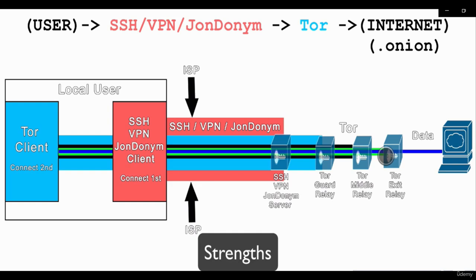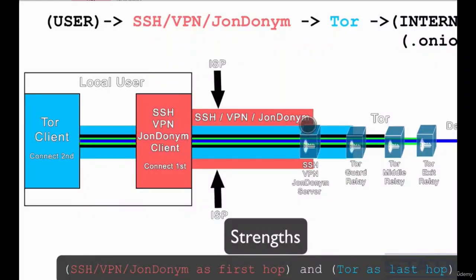SSH, VPN, JonDonym server creates an extra layer for the incoming attack. Then the layer goes next, like Tor guard relay and Tor middle relay, and finally the layer is stopped by Tor exit relay.